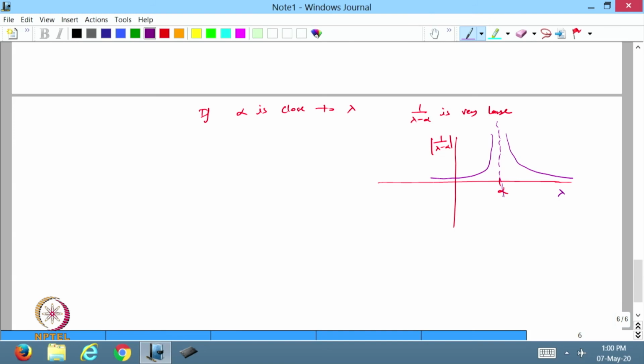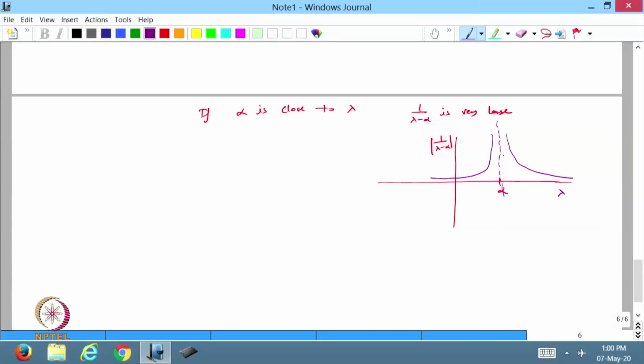So, when lambda is close to alpha, the value goes to infinity, and if it is away from this, then the value will be less. So, this is the graph we can say.